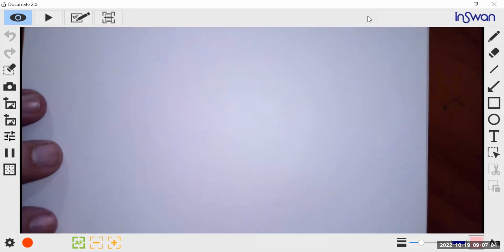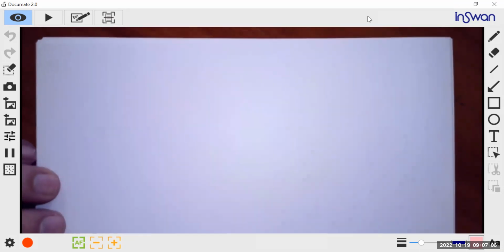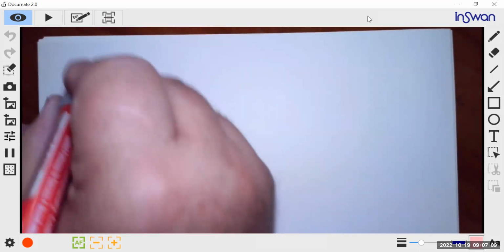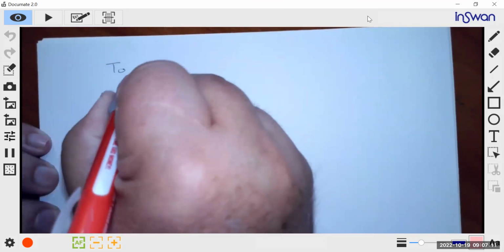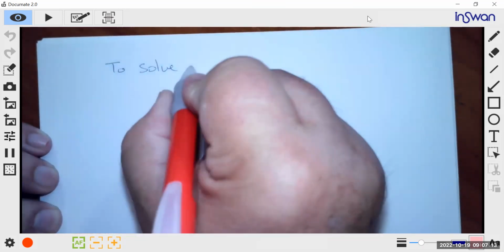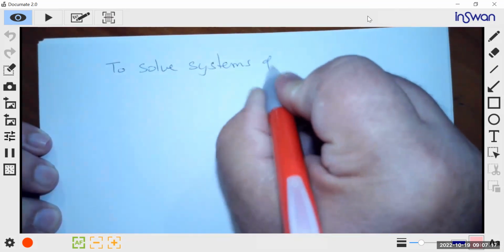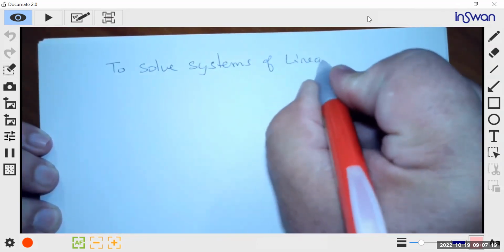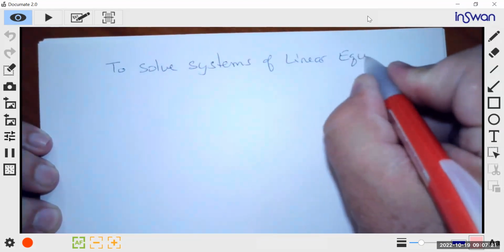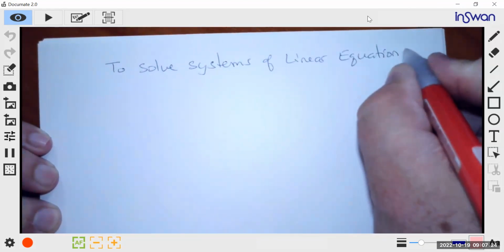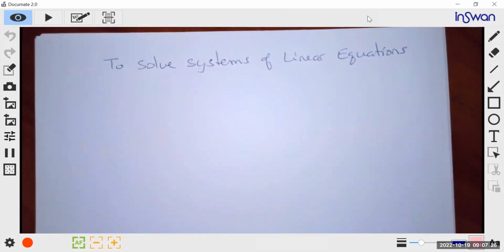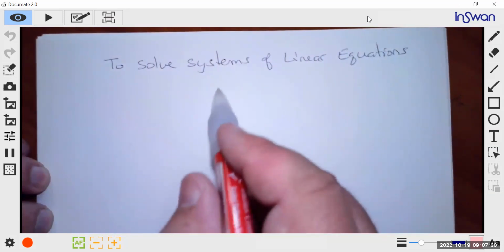All right, so let's look at this. To solve systems of linear equations, notice now I limited myself only to linear equations, systems of linear equations.